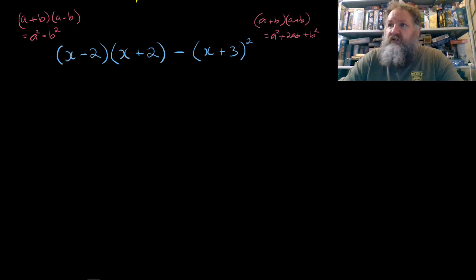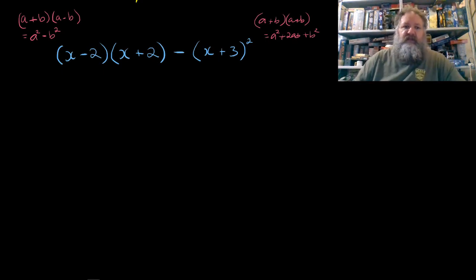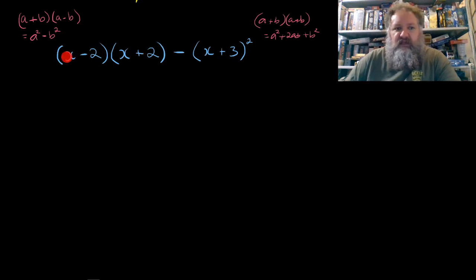So I can use those little formulas, the patterns that we've already learned, and apply them here. If I apply my first pattern over here on the difference of squares, I know it will be x squared minus 2 squared. And this one over here will be x squared plus 2 lots of 3x plus 9.